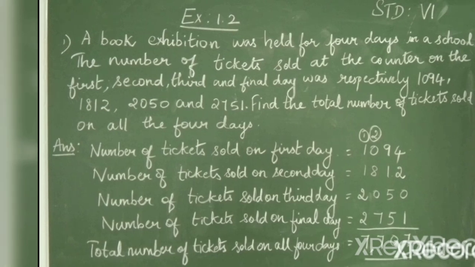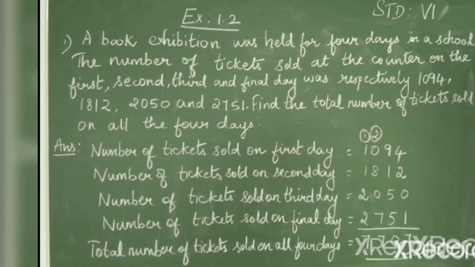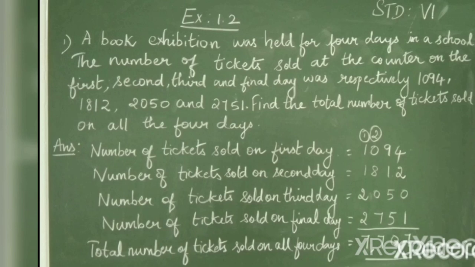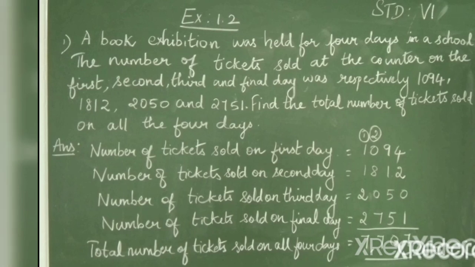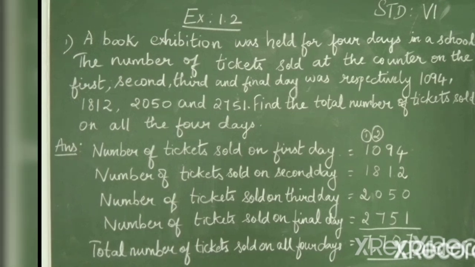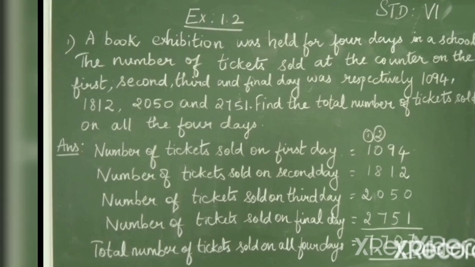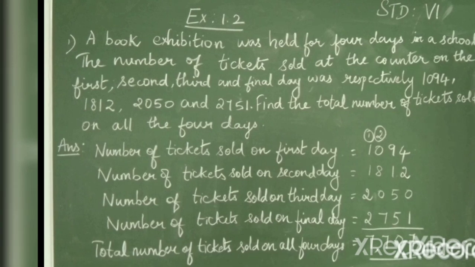You have to add. A book exhibition was going on for 4 days, and we have to find the total number of tickets sold. Number of tickets sold on first day will be 1094, second day 1812, third day 2050, and final day 2751.